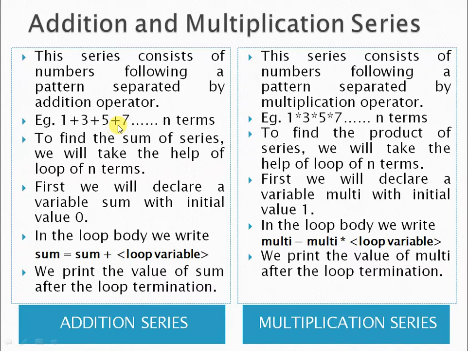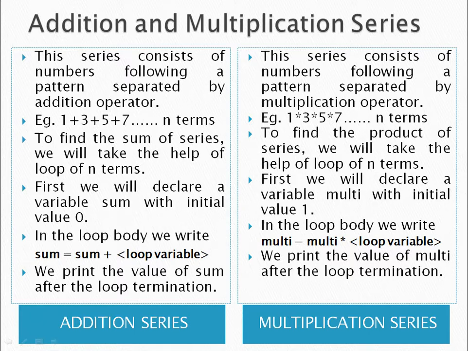So this means it fulfills the criteria of loop. Similarly, here also, lower limit, upper limit, increment, and body of the loop to be performed, that is multiplication. So all the 4 criteria of loops have been satisfied. That's why this problem will be solved using loop.